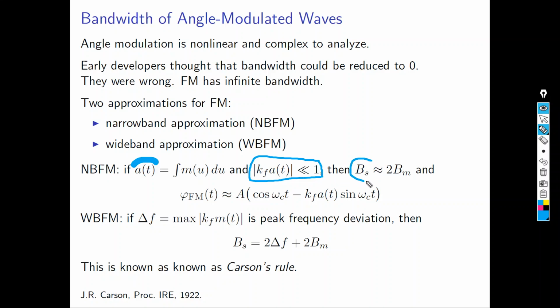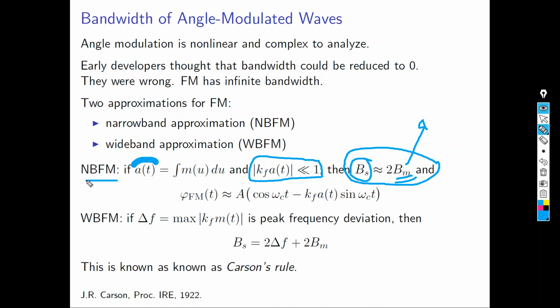Then the signal bandwidth, your modulated signal, can be approximated to be equal to 2 Bm, where Bm is the bandwidth of the message itself. This is similar to double sideband suppressed carrier modulation. If Bm is for the message, then the total bandwidth of the modulated signal is 2 Bm.